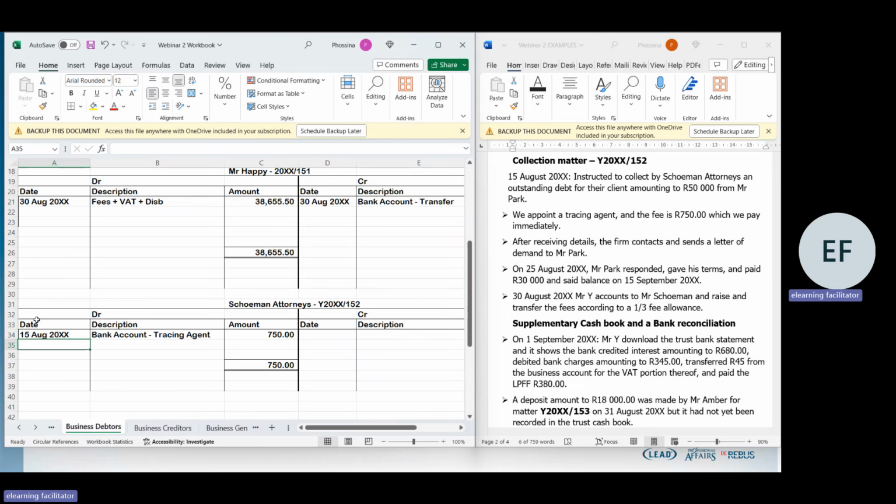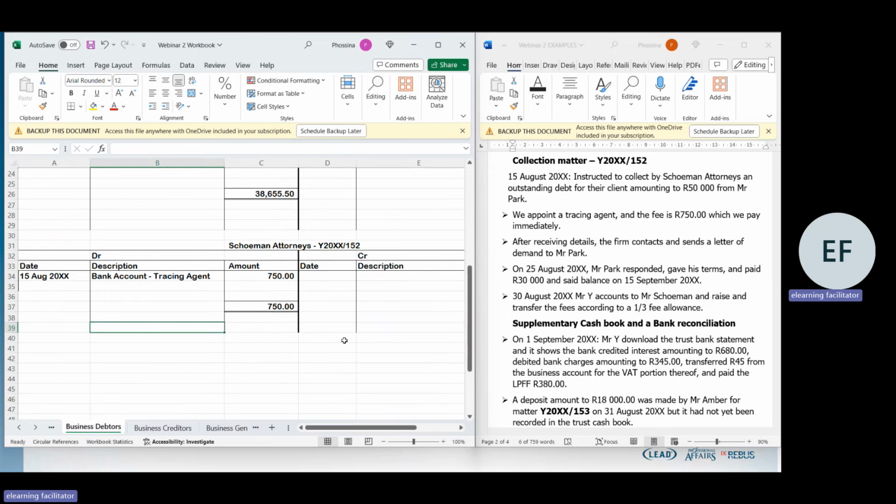So you do not create a tracing agent's account, you do not create a sheriff's account, you do not create an advocate's account. Unless you have not yet paid them and you receive an invoice from the advocate, then you can show that the firm owes the advocate and has to collect from the client. Okay, so this is how we do it.